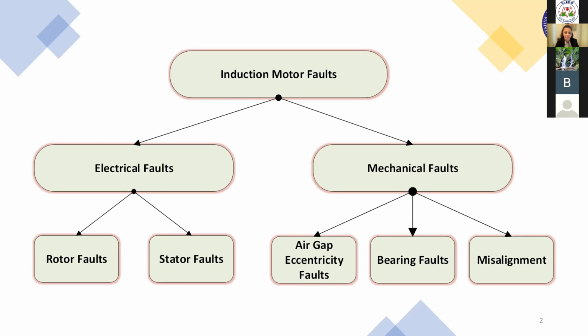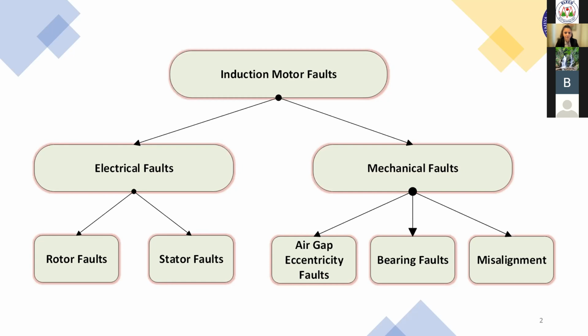Electrical faults include rotor faults and stator faults. Mechanical faults include air gap eccentricity faults, bearing faults, and misalignment. One of the common faults of induction motors is the eccentricity fault.